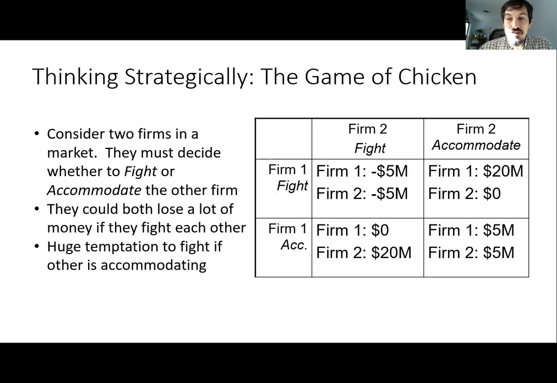Emily says yes. Well, let's look at the payoffs, Emily. If you think it's a one-shot game, let's pretend it's a one-shot game. If firm 2 is accommodating and you're firm 1, your choices are to fight and get 20 million or to accommodate and get 5 million. You want the higher payoff. 20 is higher than 5.